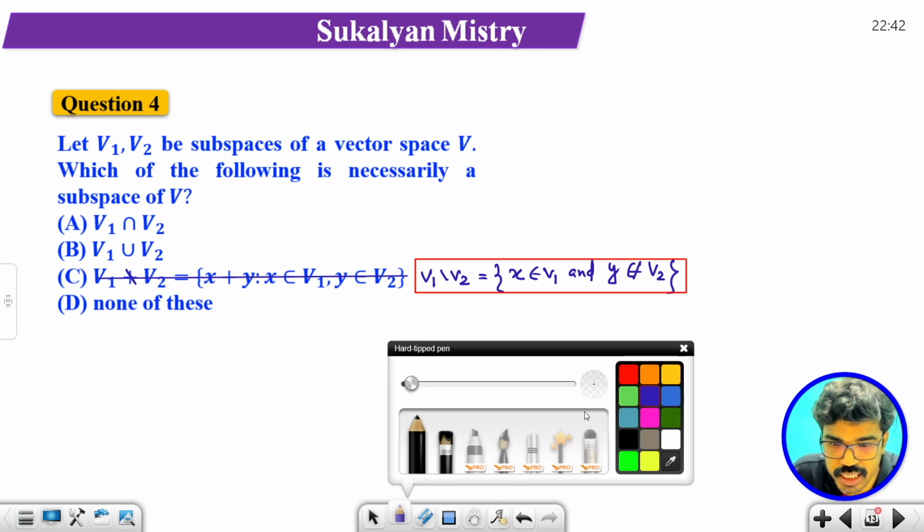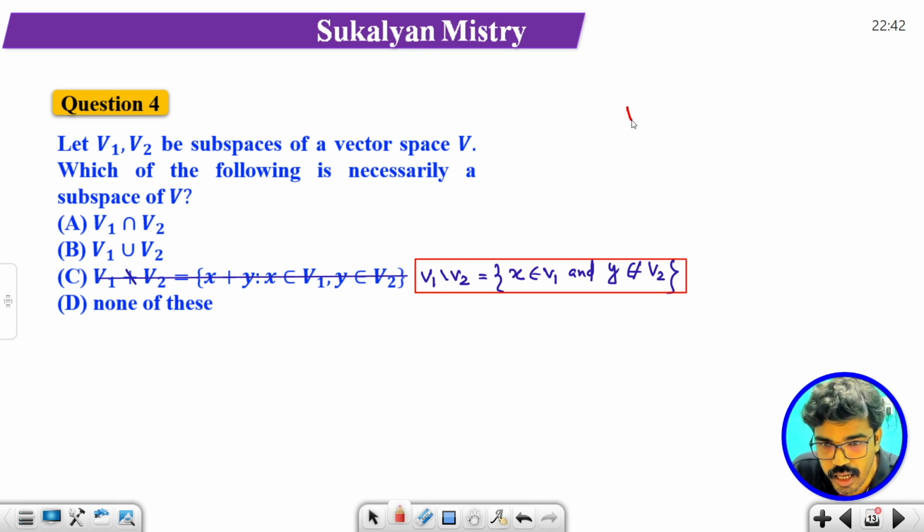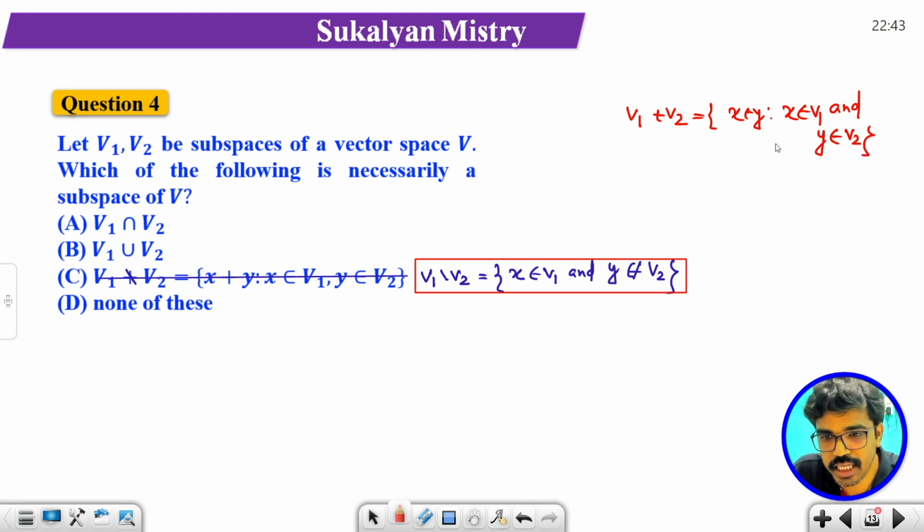Basically V1 plus V2 was given. Just see, V1 plus V2, so this is basically X plus Y such that X belongs to V1 and Y belongs to V2. So basically this is called a linear sum. This is a subspace.